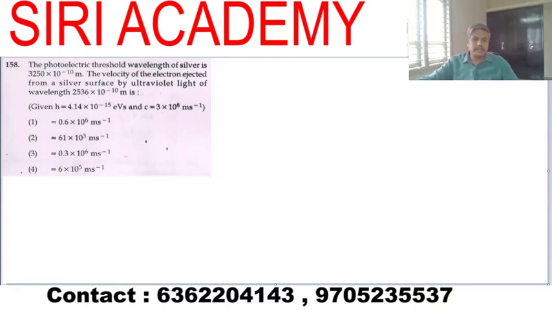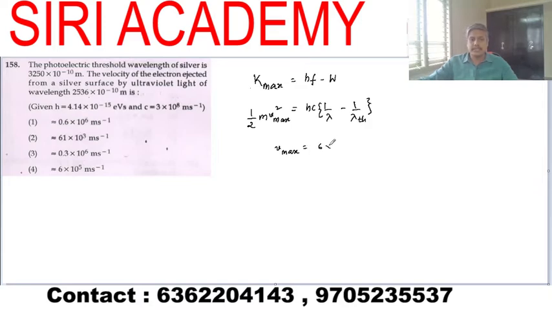So we know Einstein's photoelectric equation is K max is equal to hf minus W, that can be written as hc into (1 by lambda minus 1 by lambda th), where lambda is the wavelength of the incident light and lambda th is the threshold wavelength, and K max can be written as half m v max squared. Substituting all these values, v max comes out to be 6 into 10 power 5 meter per second.